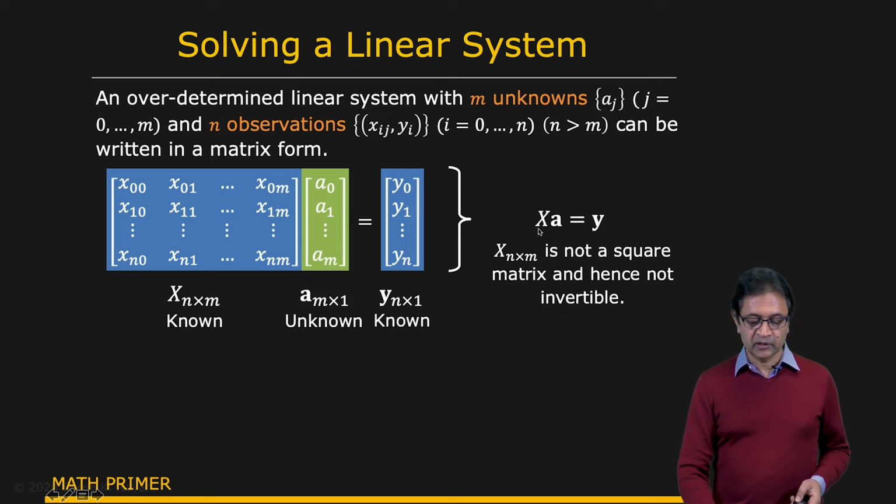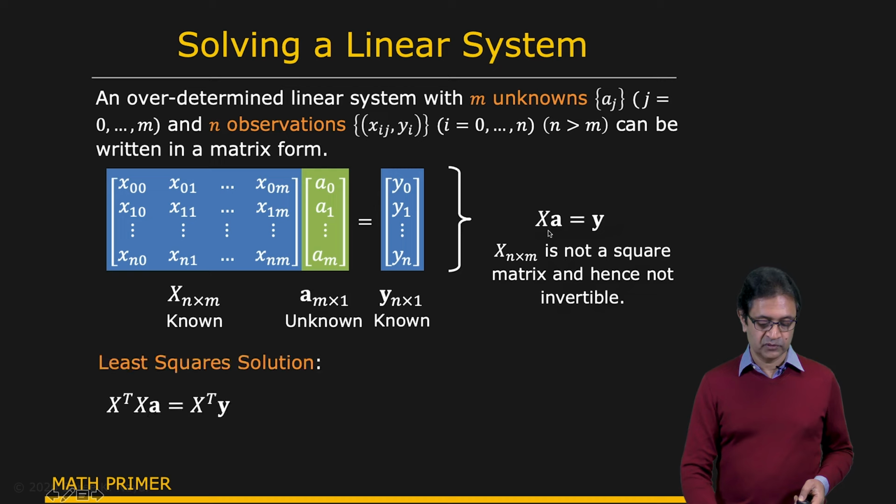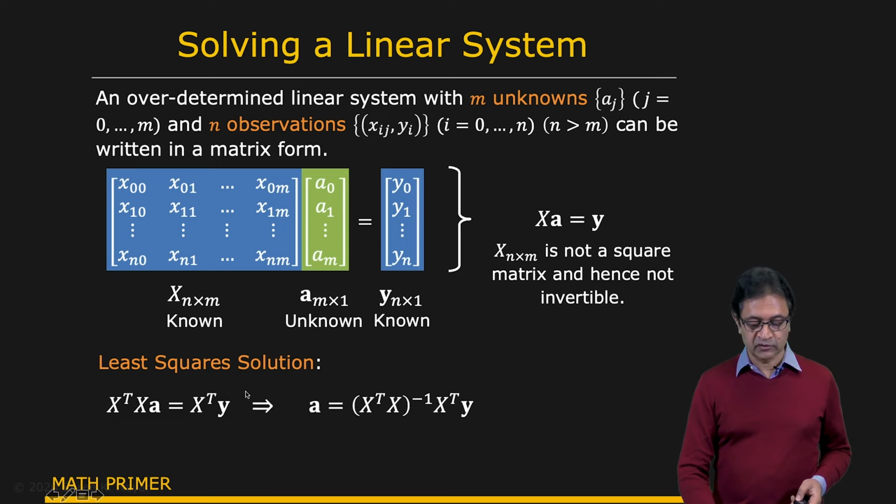Well, we pre-multiply this equation, both sides of it, with X transpose. And then you get this: X transpose X a is equal to X transpose y. And now we know that X transpose X is actually a square matrix. It's an m by m matrix. So you can find its inverse and find a solution for a that looks like this.